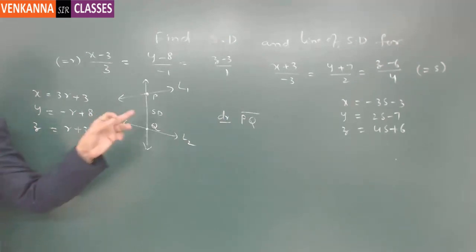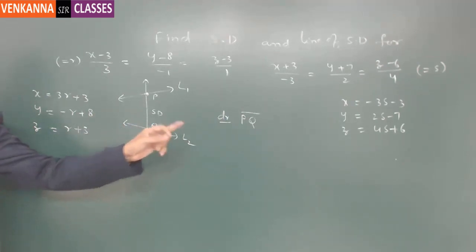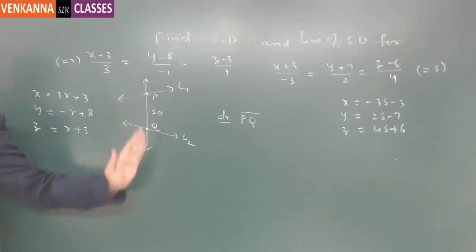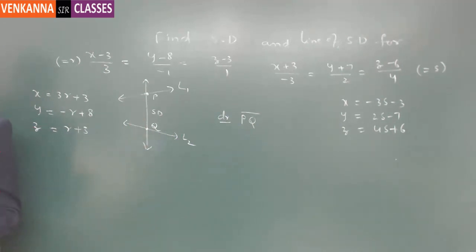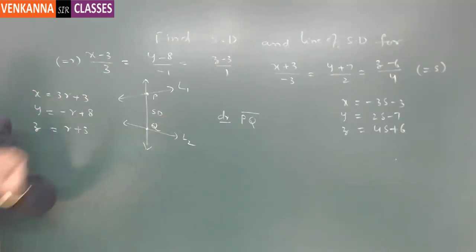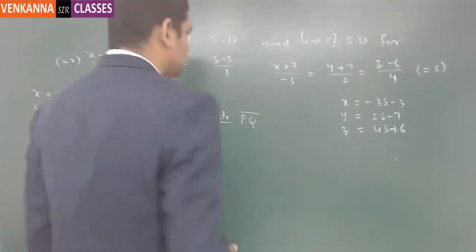Now, if you calculate the drs of PQ, since PQ is perpendicular to both the lines, applying the perpendicularity condition for the drs, we can calculate the value of R and value of S. So the drs of PQ, you can consider either of the models.